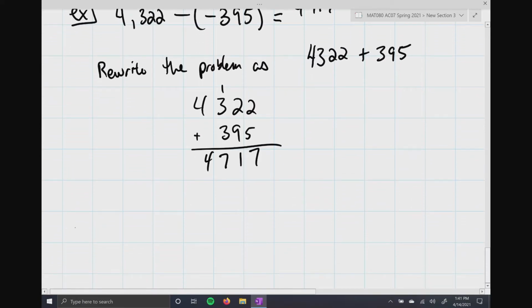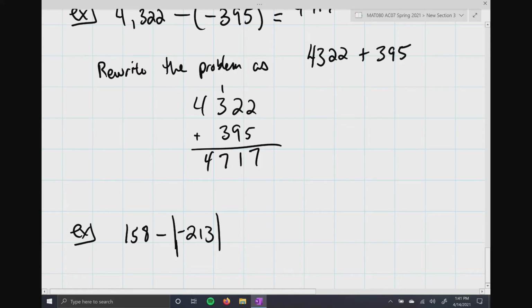Now, if we need to be careful of this situation, then we also have to be aware of this situation. Actually, let me do this too. There we go. So now we need to be careful of this situation as well, where you have negative 158 minus the absolute value of negative 213.